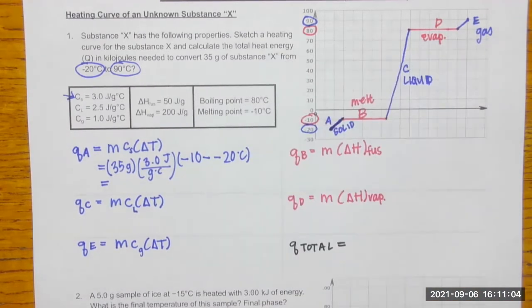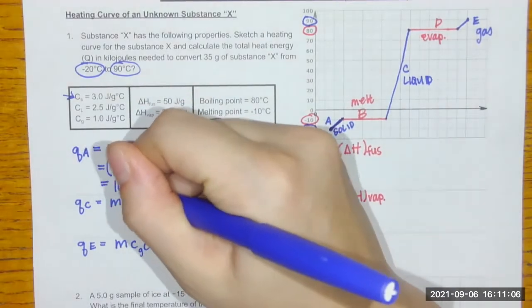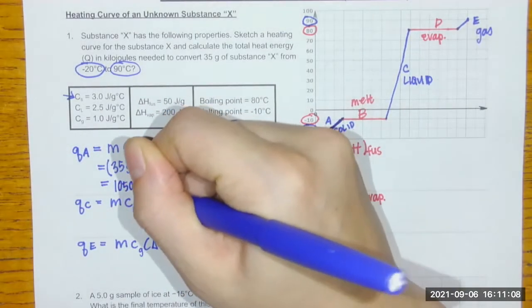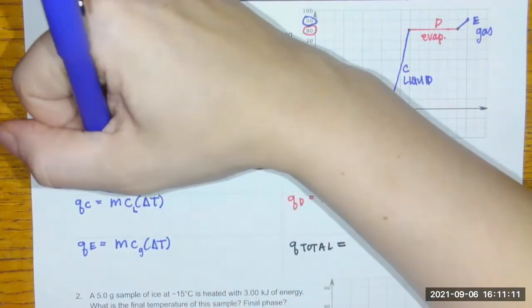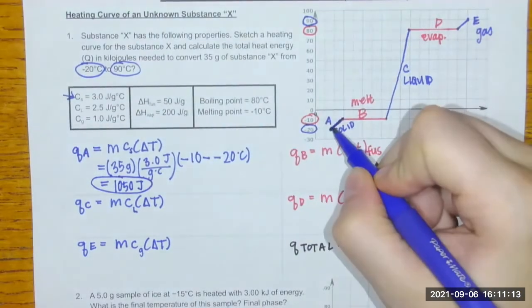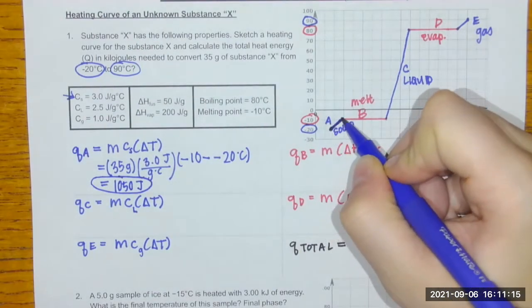That gives 1050 joules. So that's the answer for my first section. That's how much energy to get from there to there.